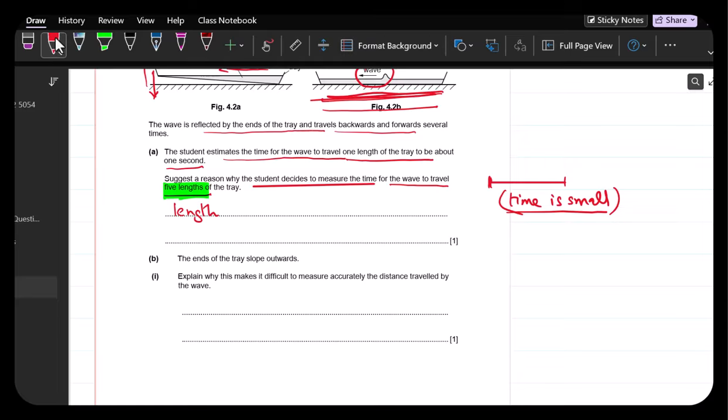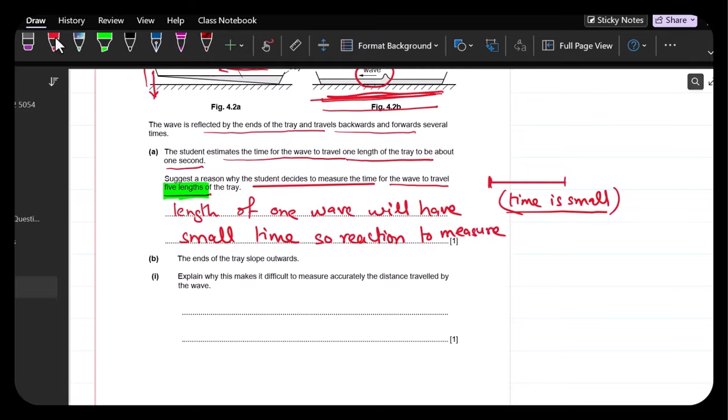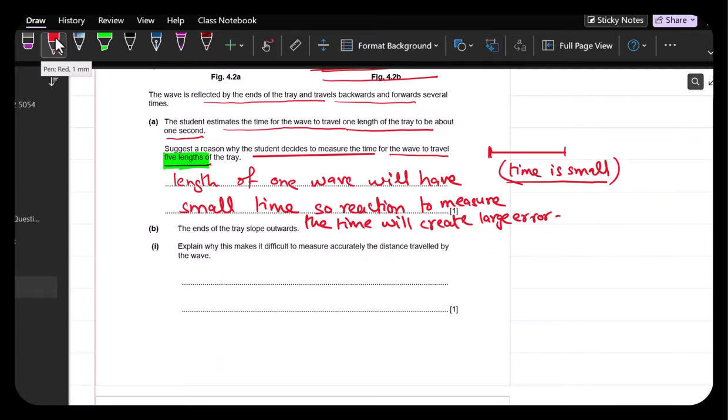The length of one wave will have a small time, so reaction time in measuring the time will create a large error, a big error.